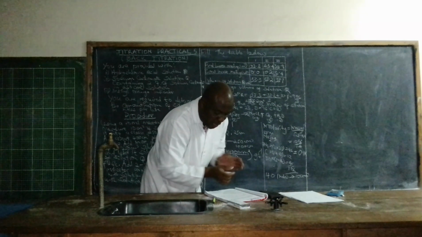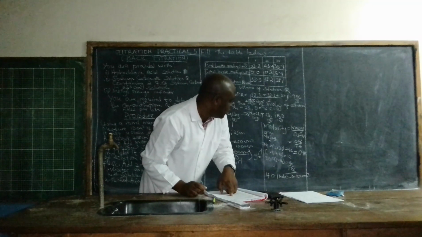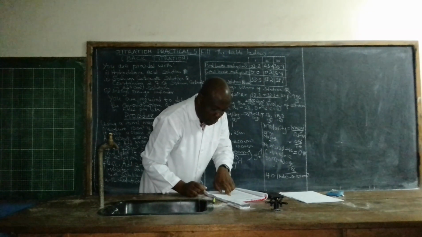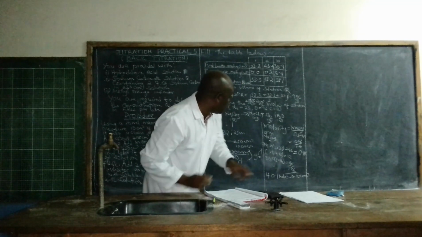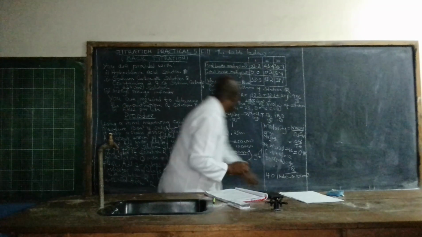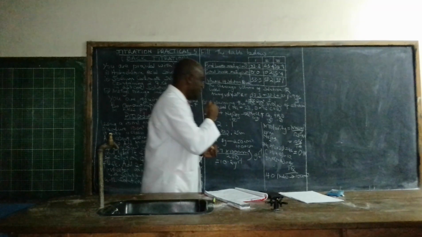We have been told to determine the number of moles of Q that were used, and 25 is the volume that was used to pipette.